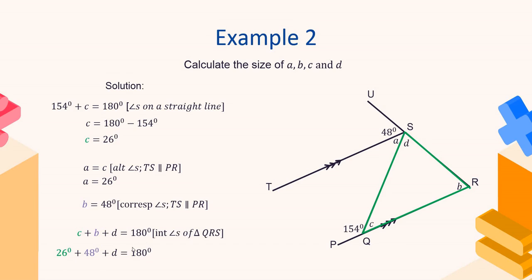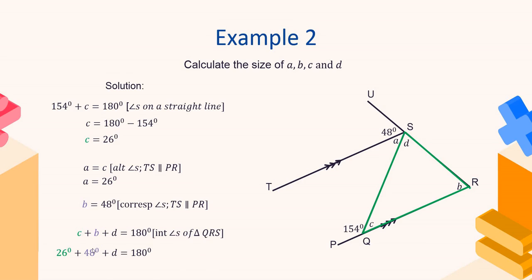You should always give your reason. In this case, our reason is interior angles of triangle QRS. Or you could say SQR or RSQ. It shouldn't be a problem.